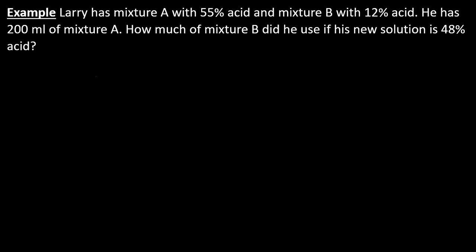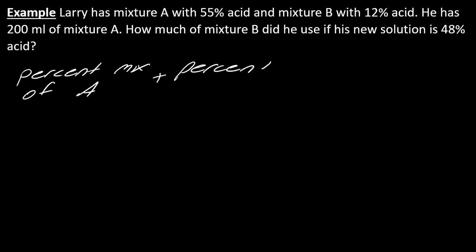So the first thing I want to think about is the percent mixture of A plus the percent mixture of B. Now notice that in this particular problem, we're being told what the new solution is, when you combine the two amounts, what the total percent acid is.